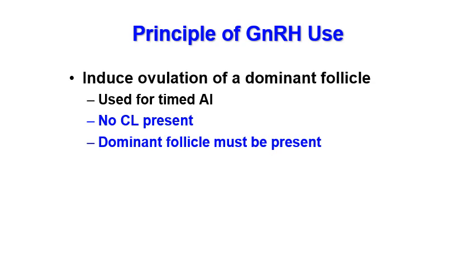The GnRH is used a lot now for timed AI to induce ovulation of the dominant follicle. In order to do this, there should be no CL present. So in order to eliminate the CL, we must pre-treat with prostaglandin at this time. The dominant follicle must also be present in order for the GnRH to be effective.